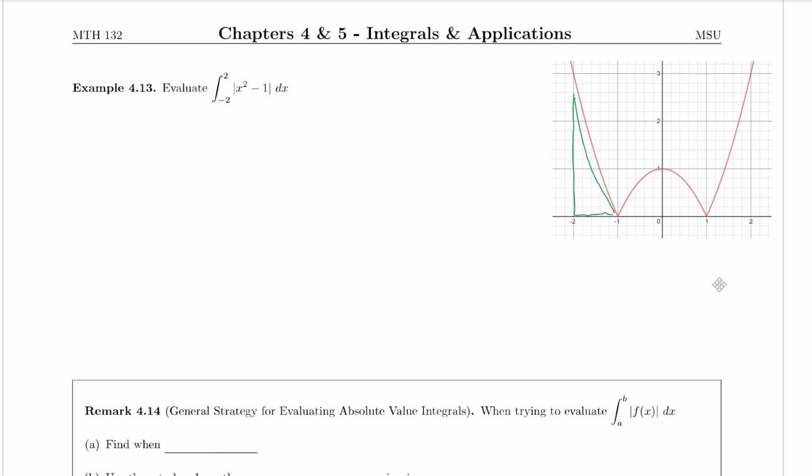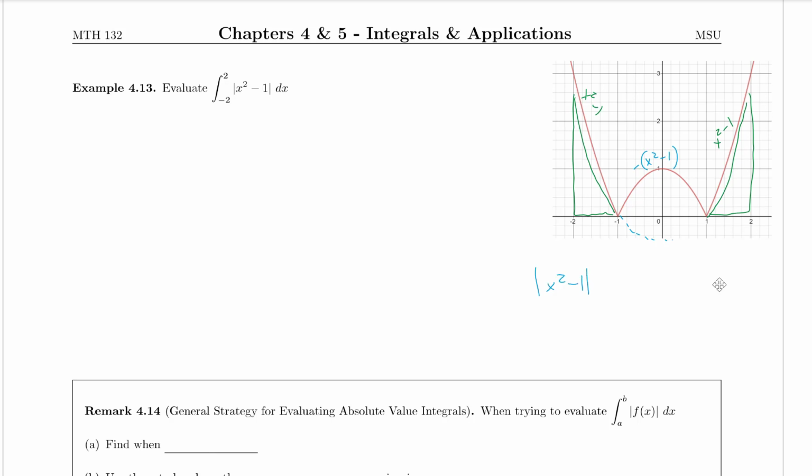So we're going to have this area from -2 to -1, and this area from 1 to 2, which are just going to be the regular integrals of x squared minus 1. Now you can see here that we have this flipped area, which is coming from the original function, which would have been the parabola underneath the graph. And this is actually negative x squared minus 1 if we're looking at the piecewise function.